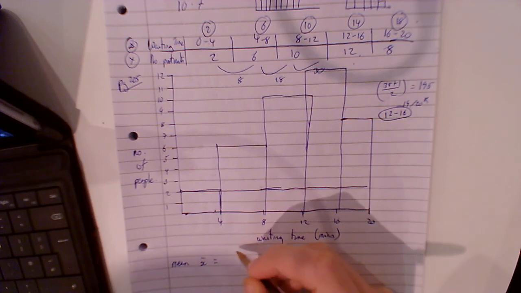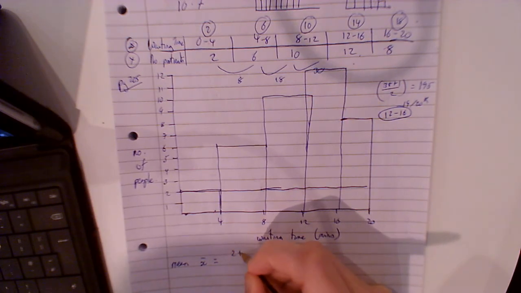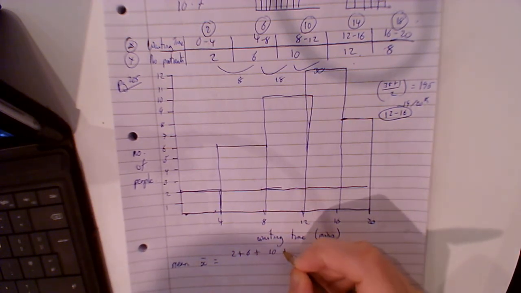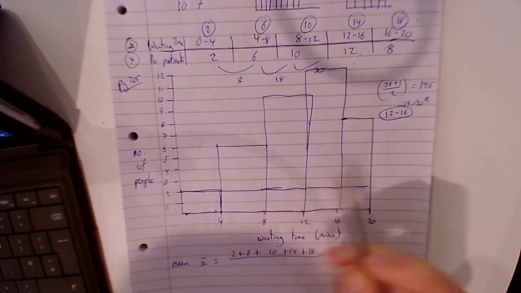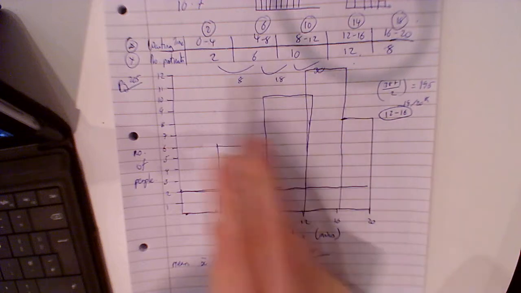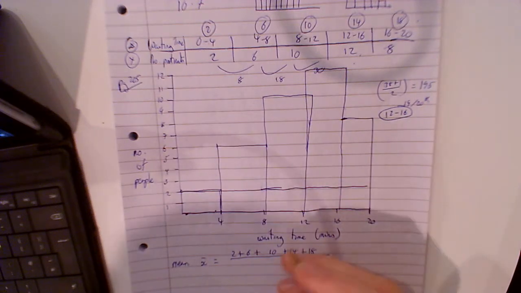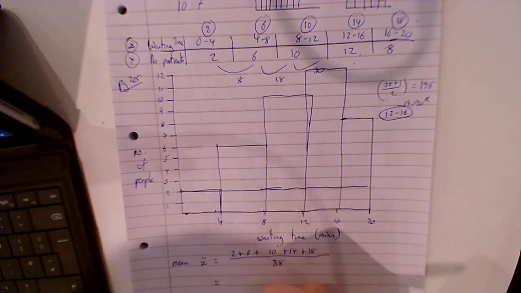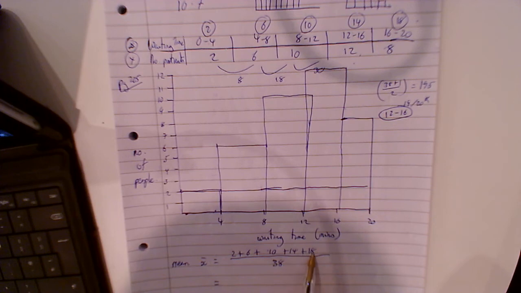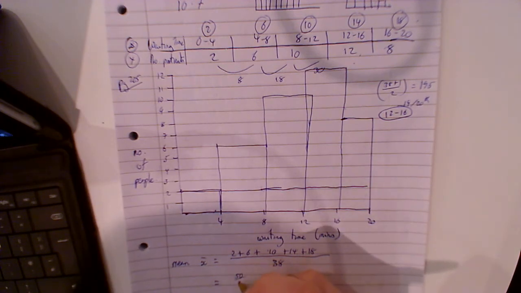Now, the mean: add up all those numbers there. 2 plus 6 plus 10 plus 14 plus 18 all over the total number of patients, the bottom one, which we worked out to be 38. So that would be 8, 18, 36, 50. 50 over 38.